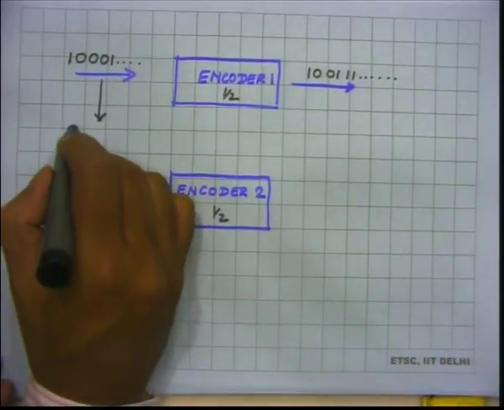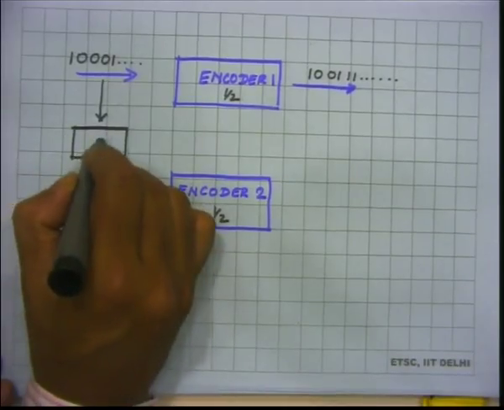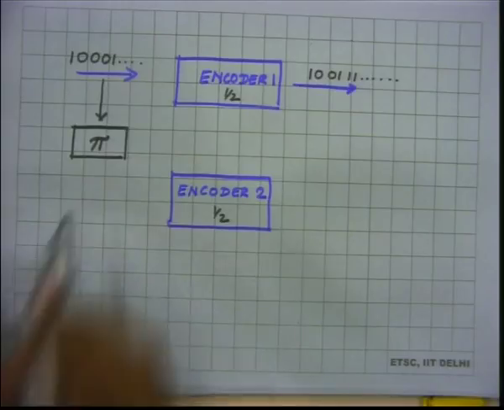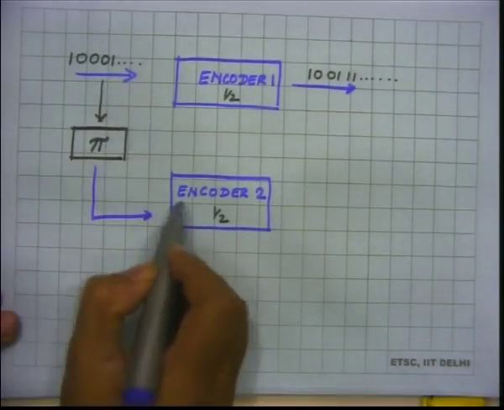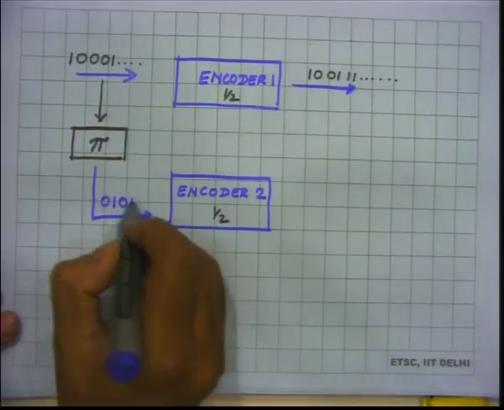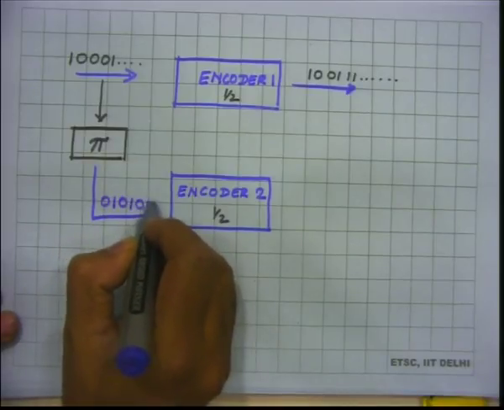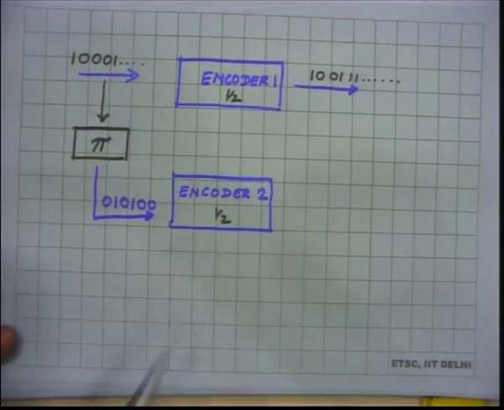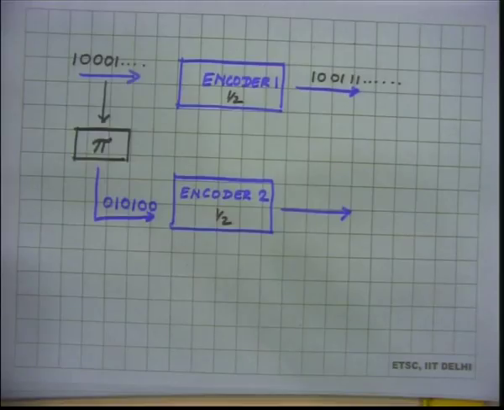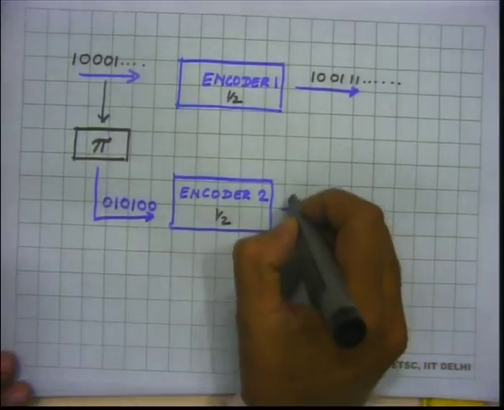So, we put it through an interleaver, and what it does is it gives to this encoder something which is permuted. Now, clearly the output of the second encoder will be different from what was received earlier.